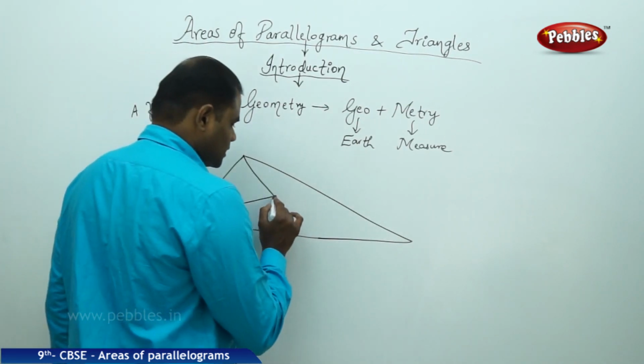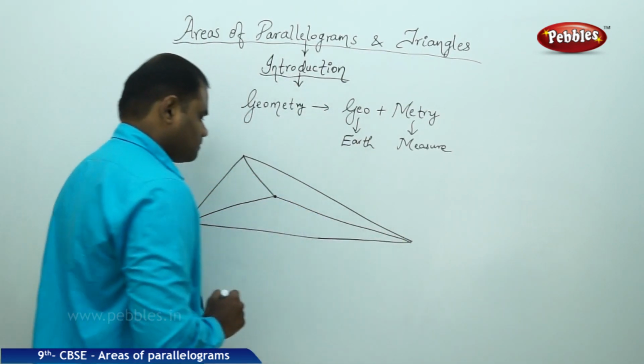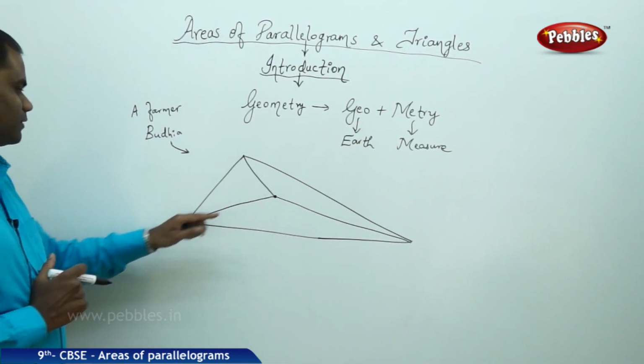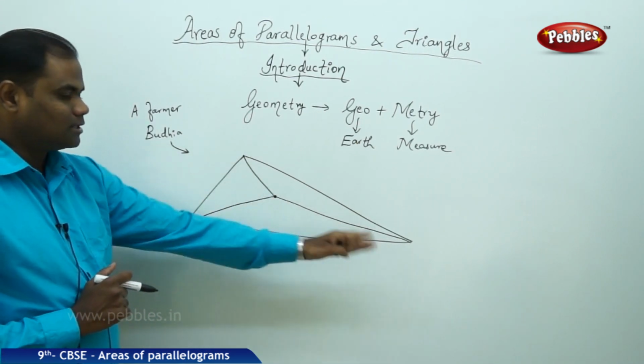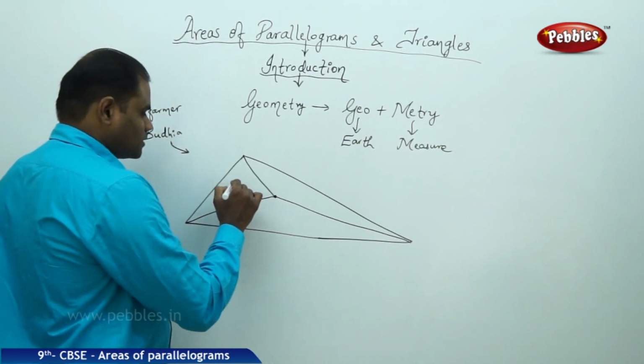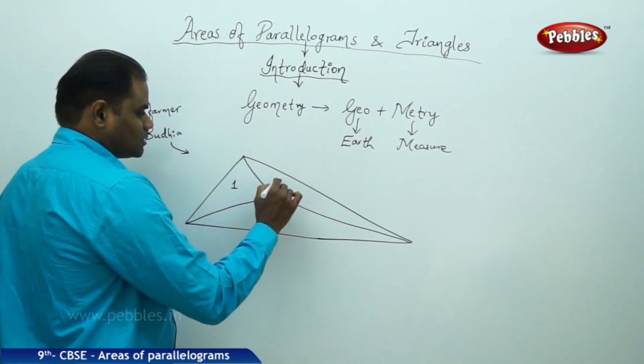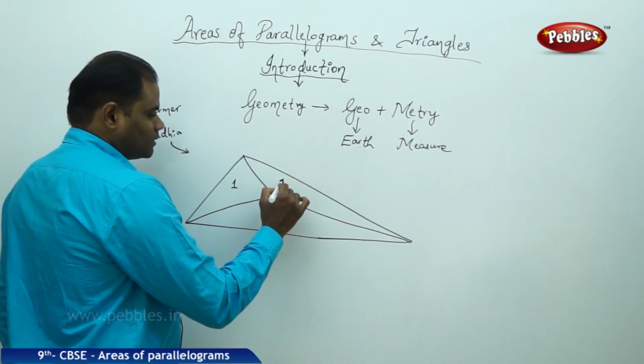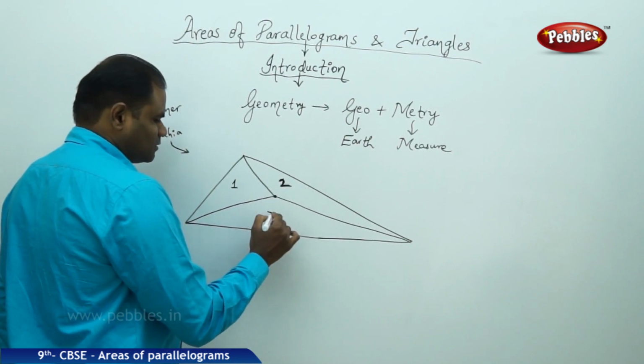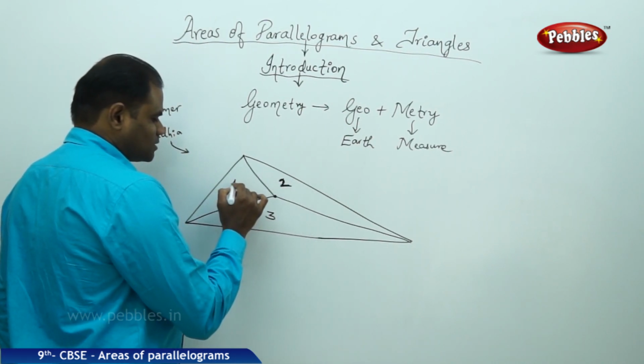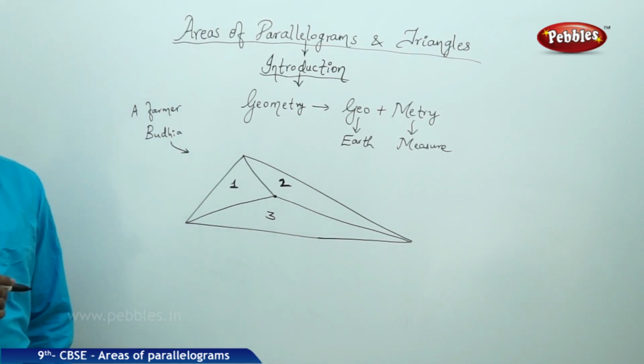After cutting his land into three parts in this manner, he wanted to give the first piece to his first son, the second piece to his second son, and this piece to his daughter, who is third in number.